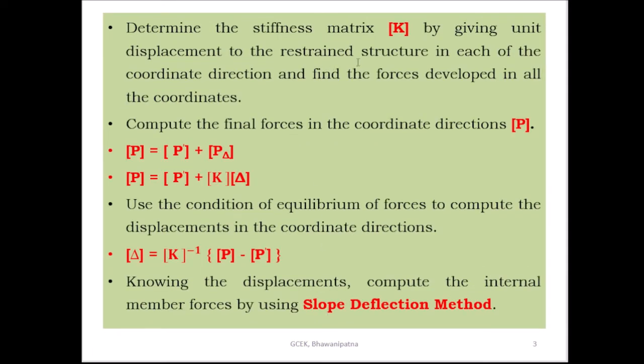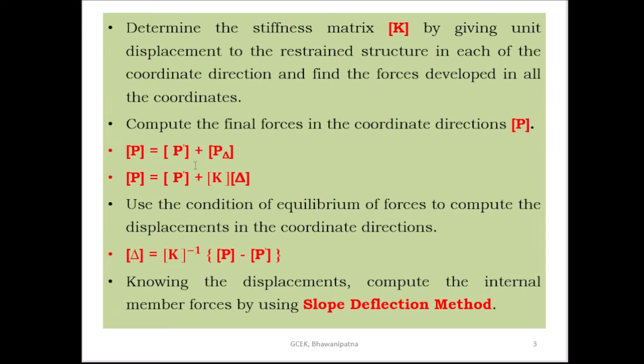Then determine the stiffness matrix K by giving unit displacement to the restrained structure in each of the coordinate directions and find the forces developed in all the coordinates. Then compute the final forces in the coordinate direction, that is denoted by P.